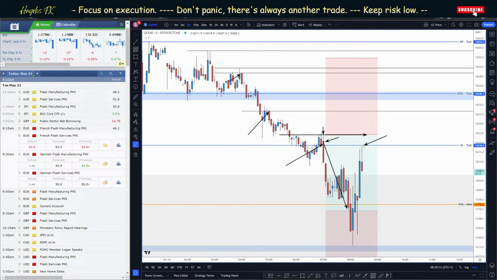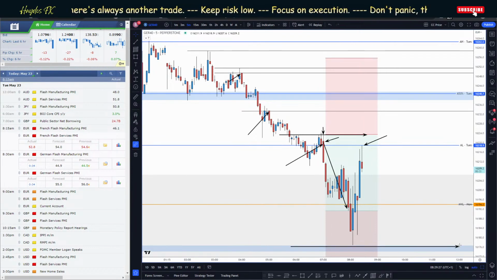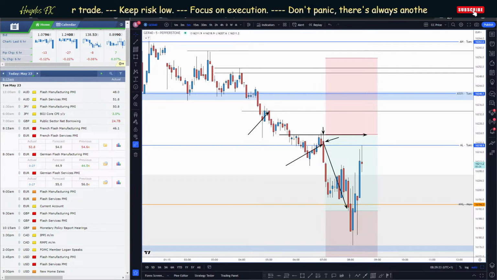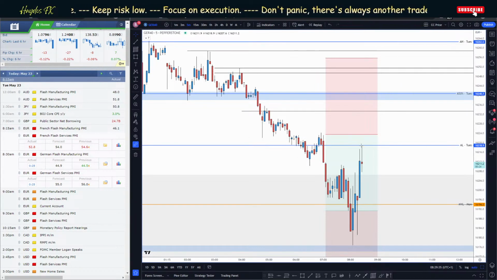Hopefully it doesn't just drop from here. I don't want to consider sell stops. Let's see what the first minute does.